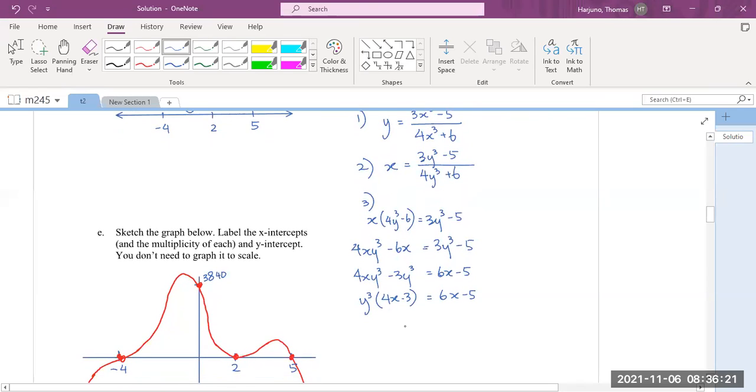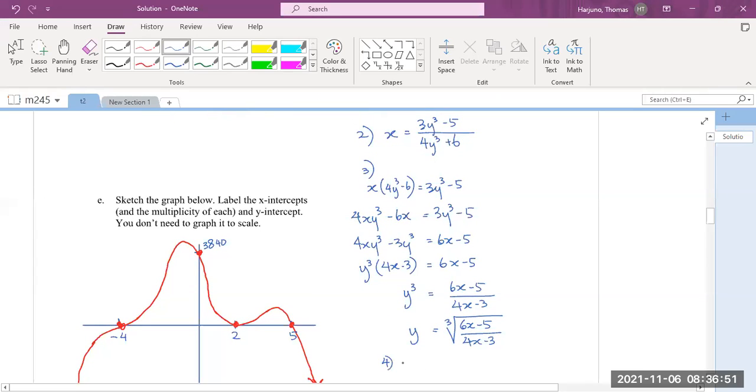Now we have the y cube, right? y cube equals (6x minus 5) over (4x minus 3). Okay, now then the y will be the cube root of (6x minus 5) over (4x minus 3).